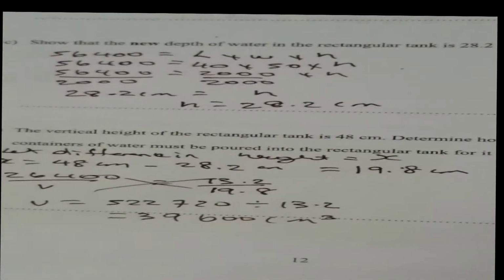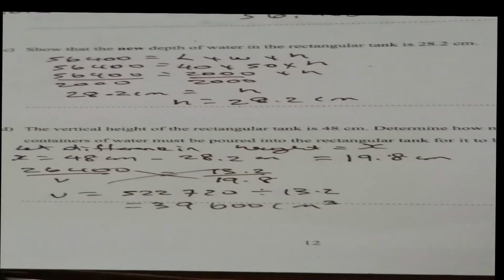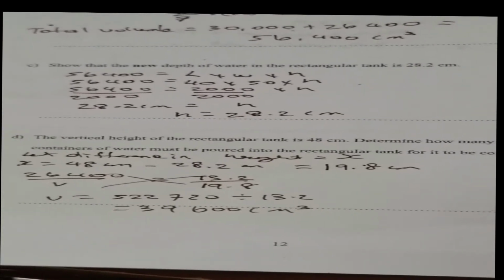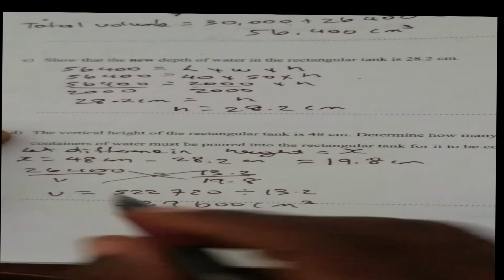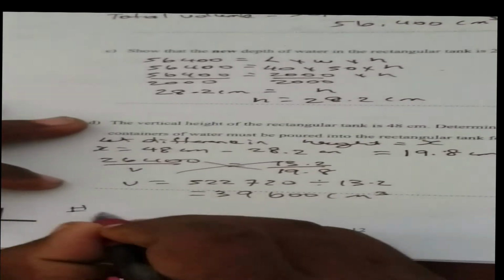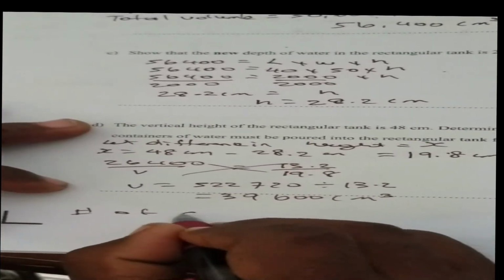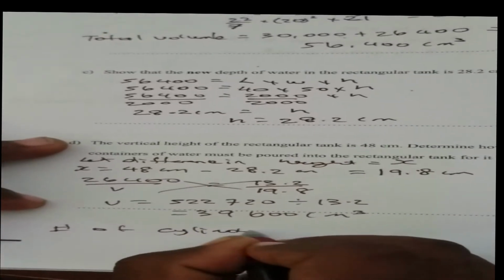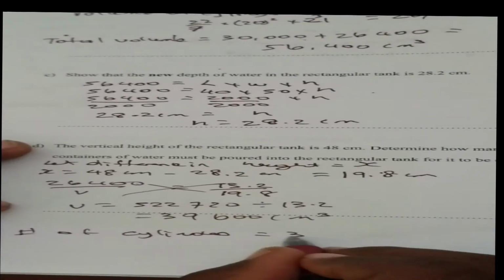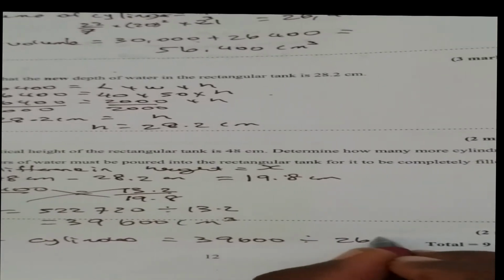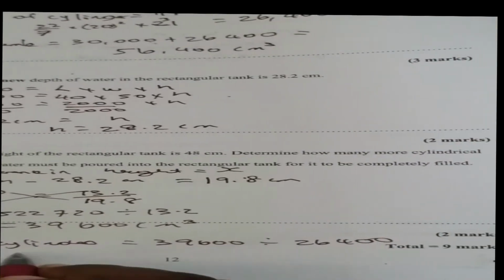So what we did to find this: the volume that gave us the 26,400 increased the height by 13.2 centimeters. And so the number of cylinders equals 39,600 divided by 26,400, and that would be equal to 1.5.